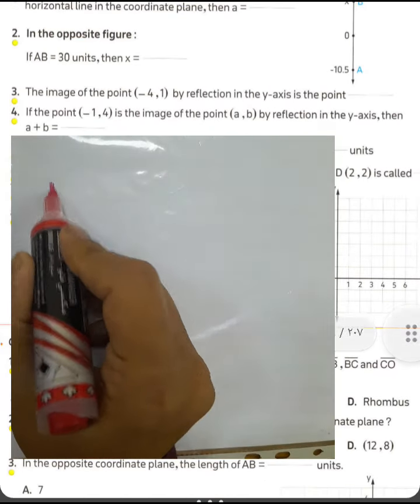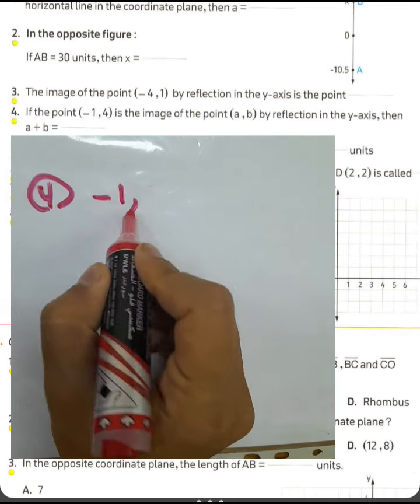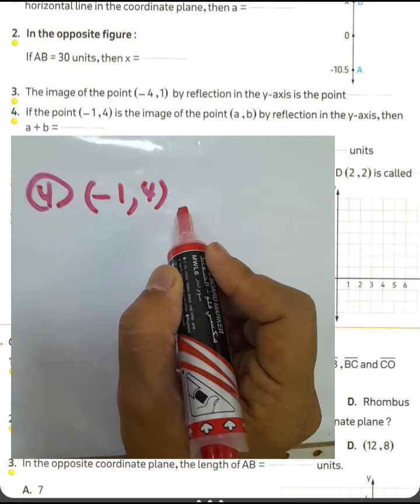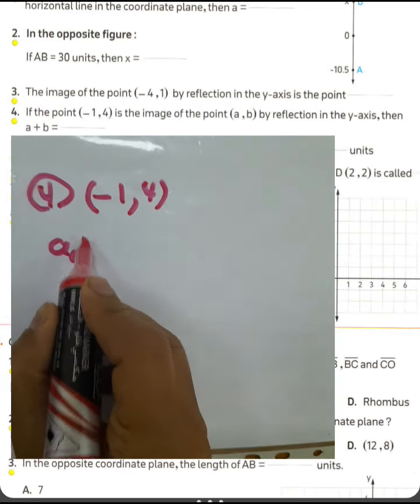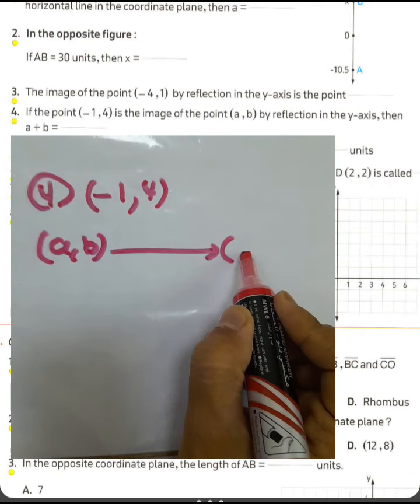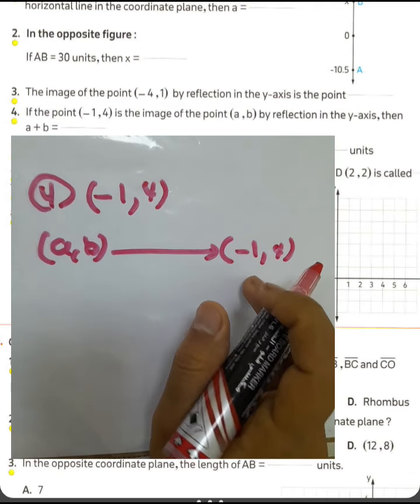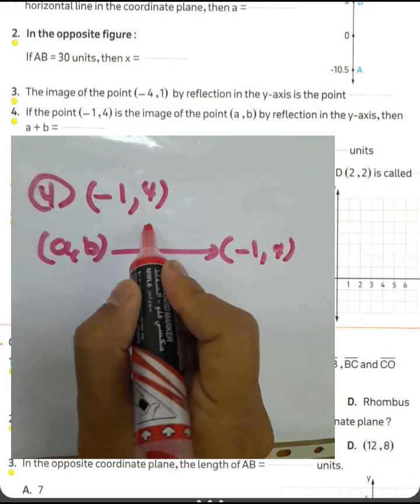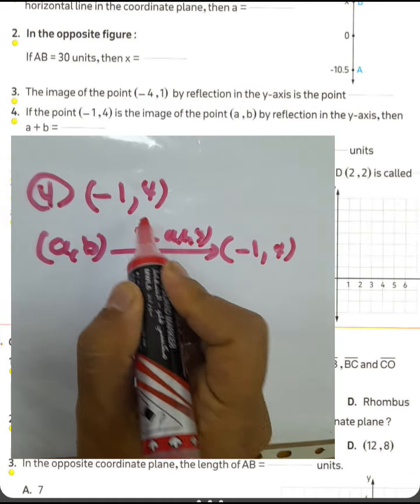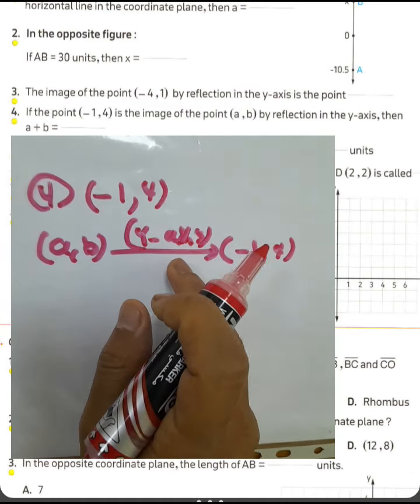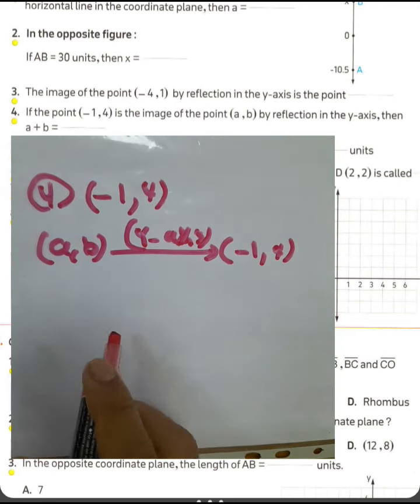Next question, number 4. If the point (negative 1, 4) is the image of the point (A, B) by reflection in the y-axis, then A plus B equals what?